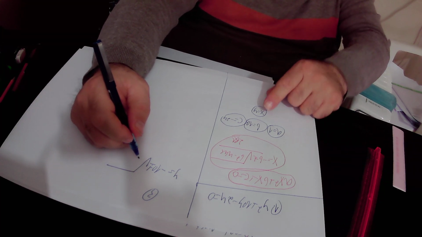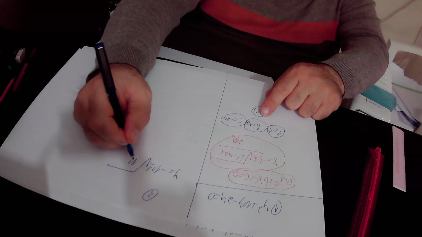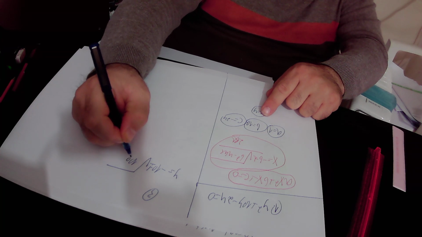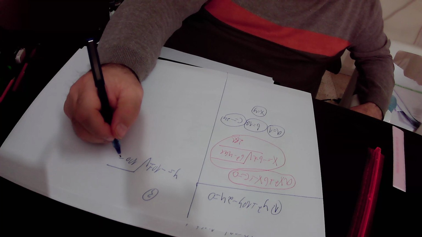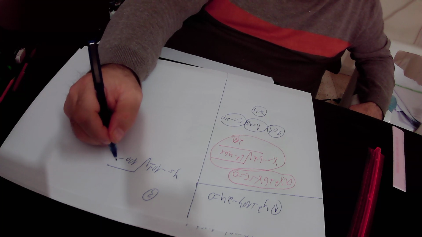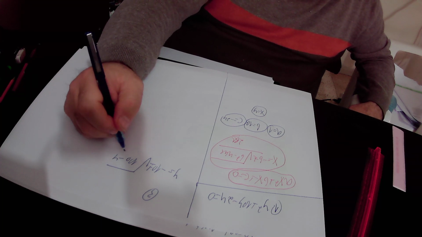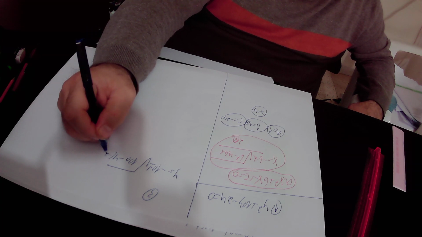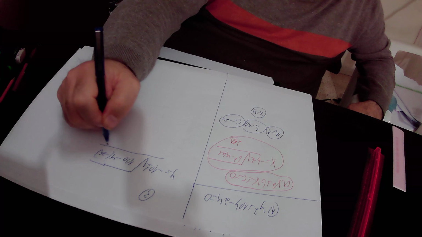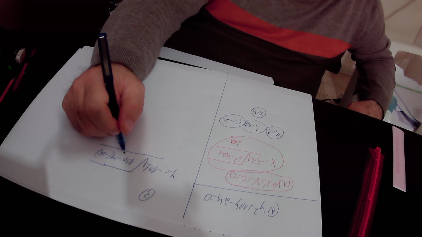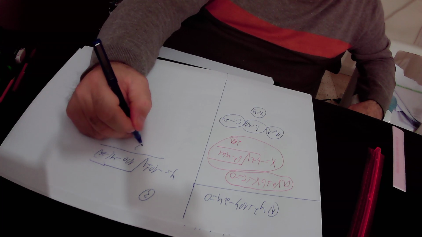B is 10, so b squared is 10 squared, that is 100, minus 4 times A is 1 and C is minus 24, over 2A. A is 1, so 2 times 1 is 2.